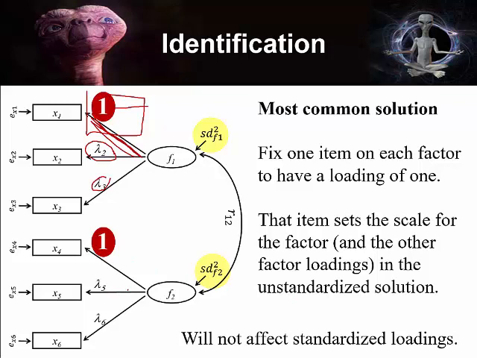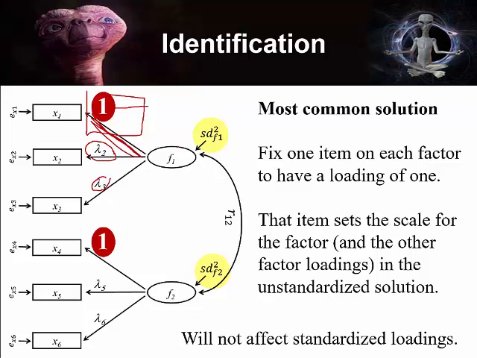So essentially, this is something that's somewhat inconsequential because in the end, we're really going to be looking at our standardized loadings, the loadings we get when everything is z-scored, and when we do that, it doesn't make a difference which item we picked to be our scaling factor. But we need to, this is one way to address the issue.